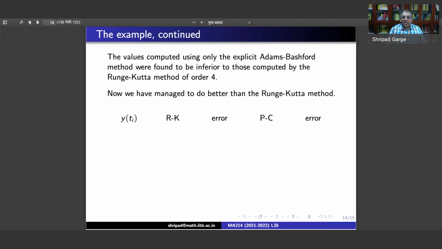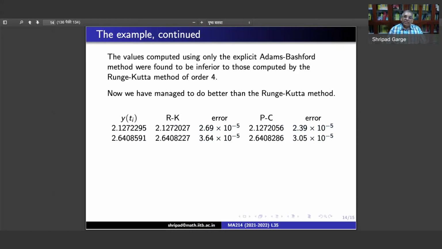And let's see how the errors behave. This is y at 0.8. This is the Runge-Kutta approximation, and this was the error, 2.69 times 10 to the power minus 5. Now it is only 2.39 times 10 to the power minus 5. It has reduced slightly, but it has reduced. And even for the next one, this 3.64 times 10 to the power minus 5 is the error for the Runge-Kutta.